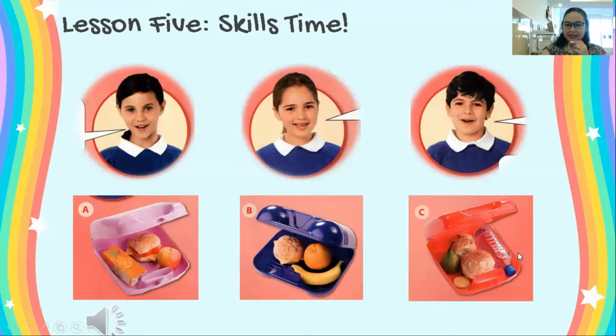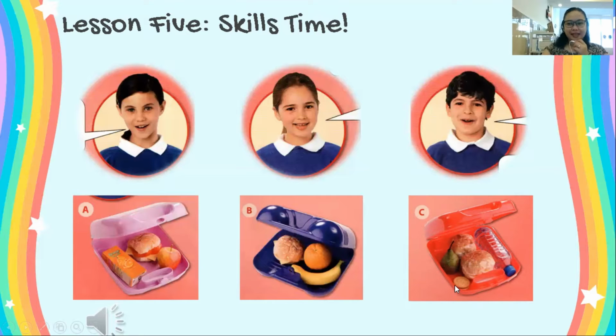Lunchbox C has water, 2 egg sandwiches, a pear, and a cookie. Again, lunchbox C has water, 2 egg sandwiches, a pear, and a cookie.